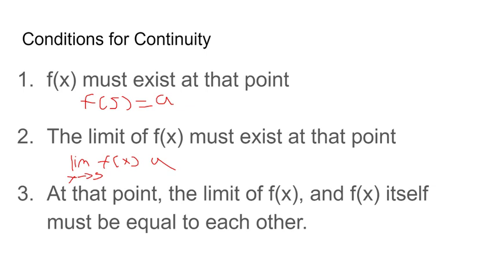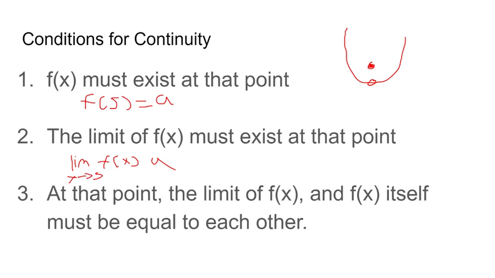For example, let's just say we have a basic parabola here, and there's a hole there, and the actual value of f of x is right here, just due to some special reason. You can see that it fulfills the first 2 conditions, but it doesn't fulfill the third condition, meaning that this wouldn't be continuous.